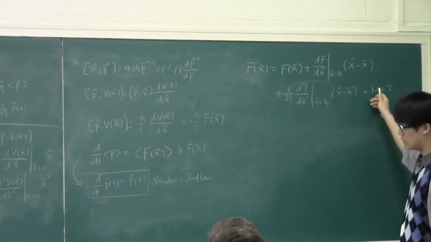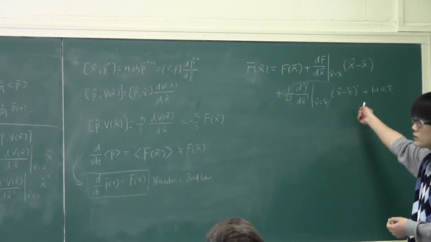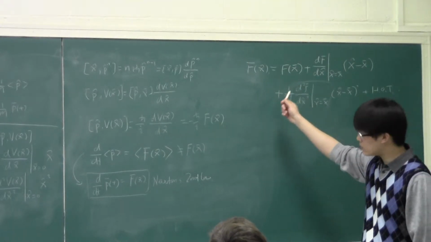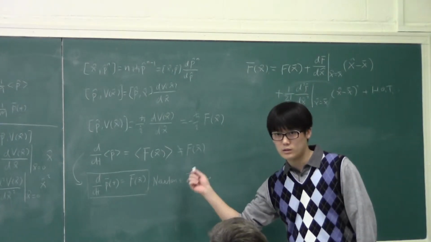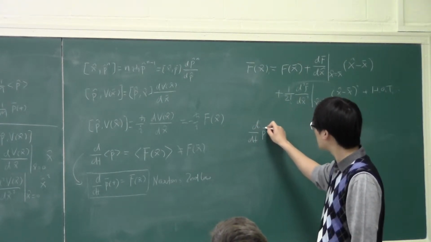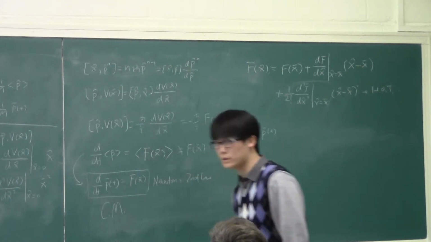Okay, so these stand for higher order terms. Now, if I were to take the expectation value of this expansion, the first thing is that this is just a number, so it gives you the classical quantity. So over here, this is the prediction of classical mechanics.